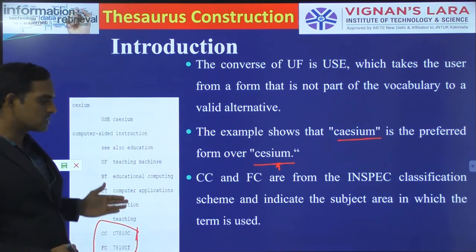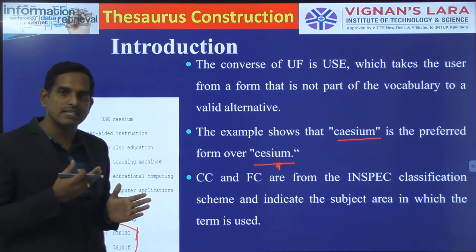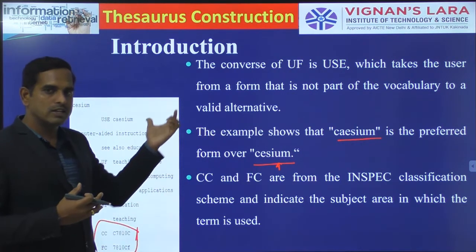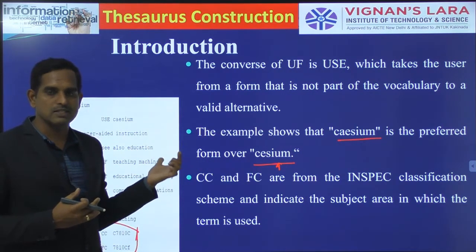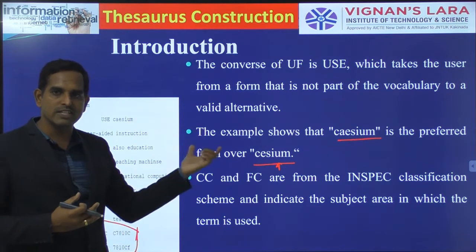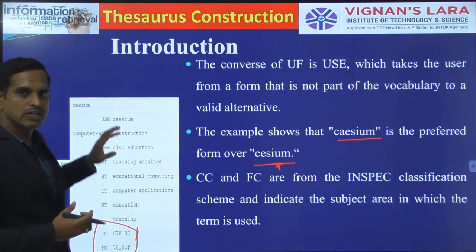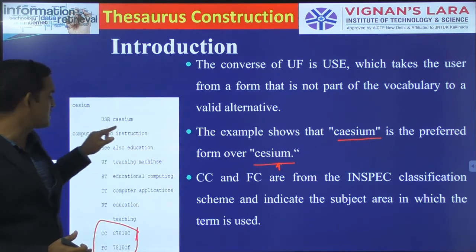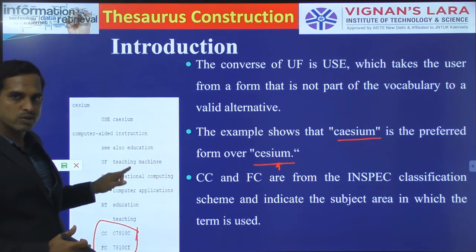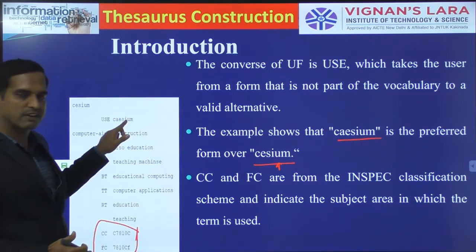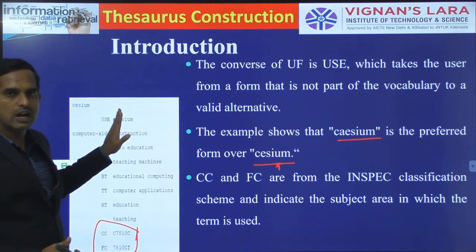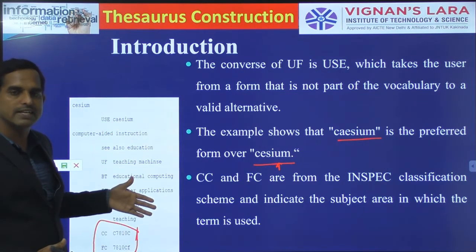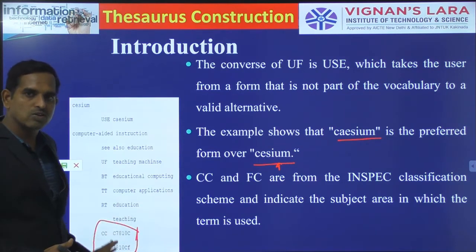So these are the things which are present for each and every Thesaurus term in your Inspec domain or Inspec system. In your Inspec system, as you can understand, you will have a list of terms, and for each and every term there will be a set of links. Those links will be implemented for various purposes. One is for alternative names, one is for related terms, another for finding out the classification.